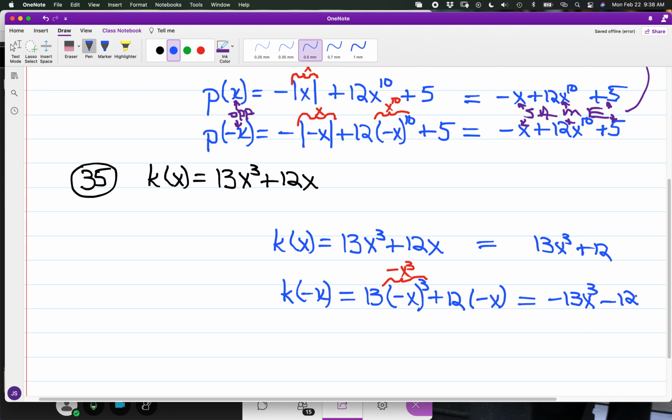Now, again, in terms of the inputs, we're working with opposite signs. And for the outputs here, we have 13 and negative 13, 12x and negative 12x.